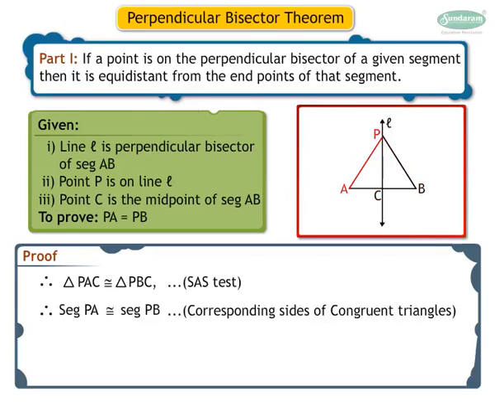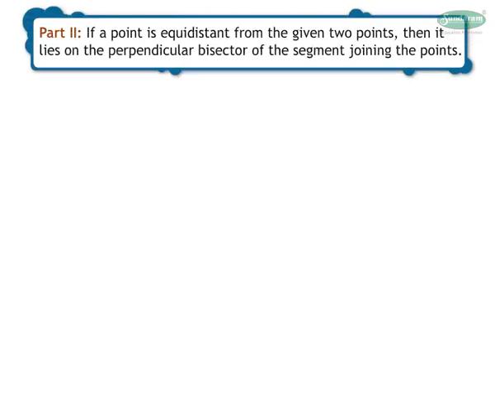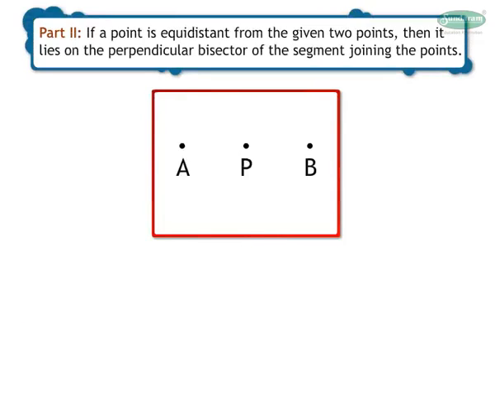Therefore, segment PA is congruent to segment PB, since they are corresponding sides of congruent triangles. That is, the point P is equidistant from the end points of the segment AB. Part 2. If a point is equidistant from the given 2 points, then it lies on the perpendicular bisector of the segment joining the points.